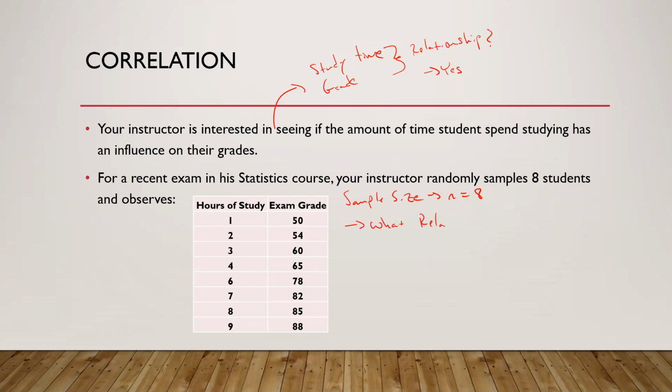What relationship are you seeing here? Just by looking at the values, can anybody describe the relationship just in layman terms? Okay, direct relationship, that's fine, yep.